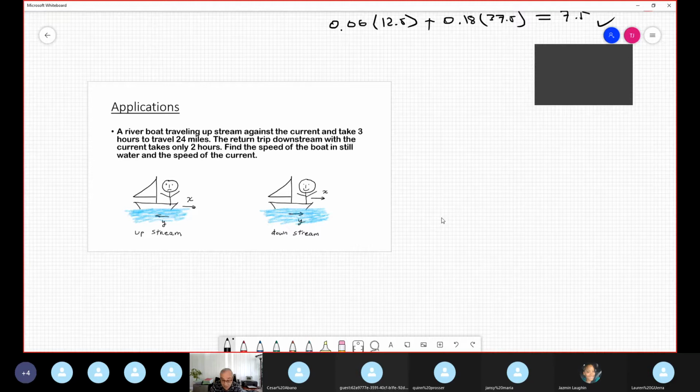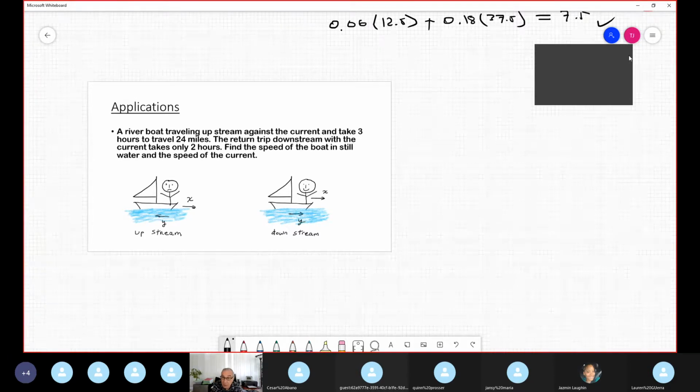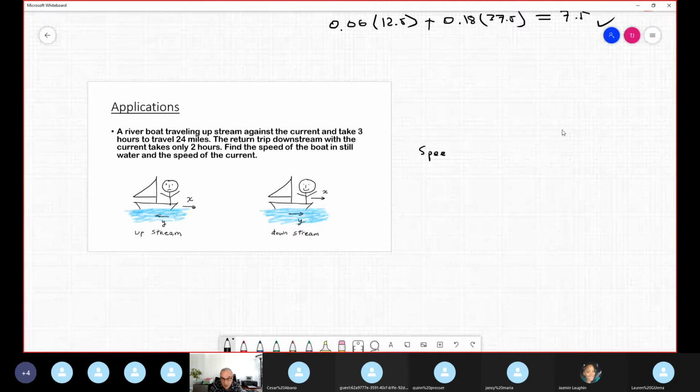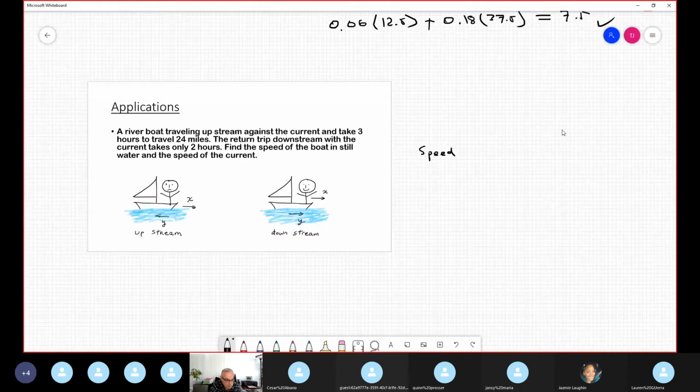Okay. It's a classical problem of motion. So in this case, we have three quantities to understand. First of all, speed. I have no idea, but I know that when you go here, you go faster than this, no?